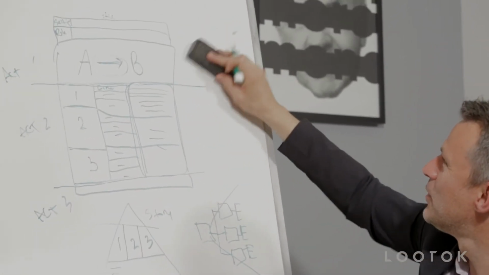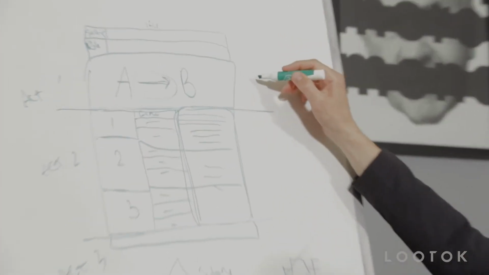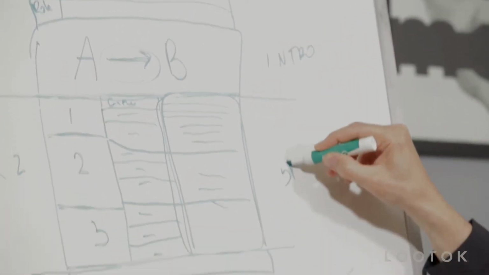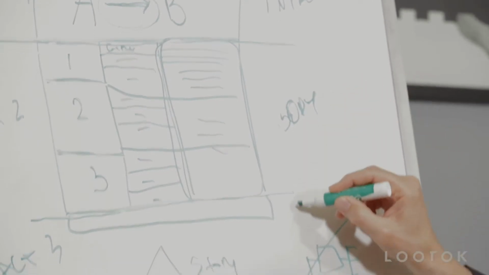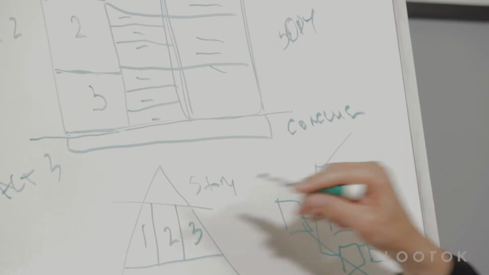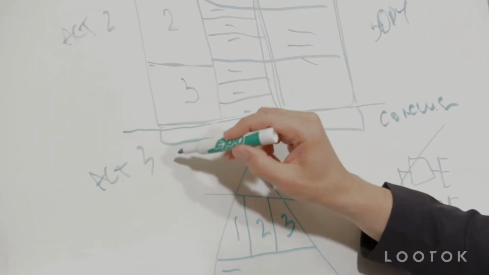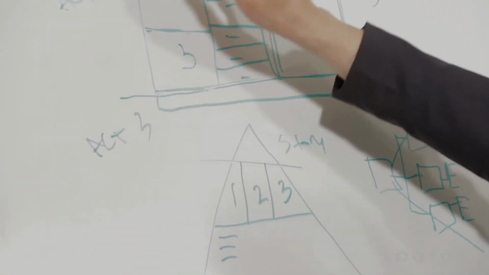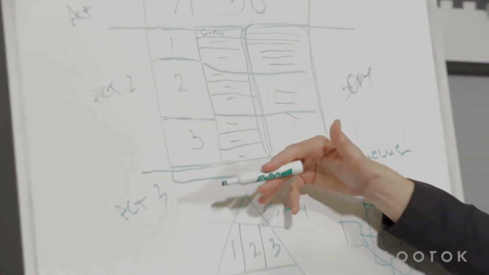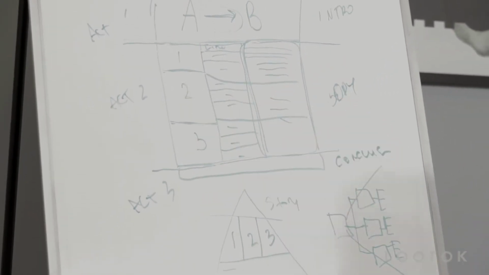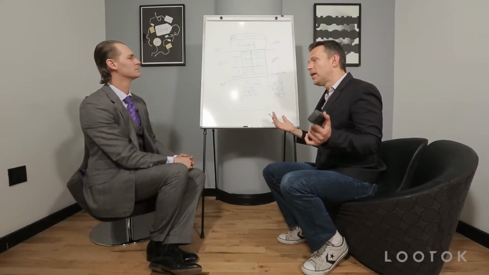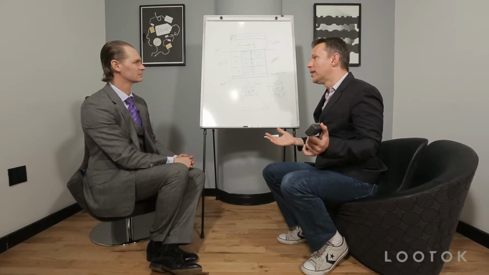In story terms, or just in classic business terms, we can call this the introduction, and this is the body, and I call Act 3 basically the conclusion. So an easy way to set this up is to go back to the beginning. So you've gone through your three main points, and you might say something like, so as you remember at the beginning, a building could go on fire at any time, and essentially we're not ready.